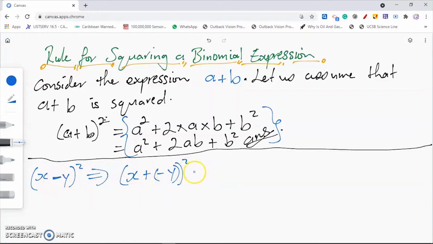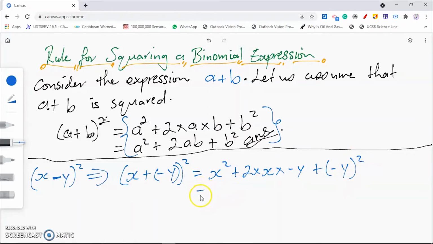Now when you do that, then you would say the first term squared. The first term here is x, so that's x squared, plus 2 times the first term, so 2 times x, times the second term, which is negative y, plus the second term, which is negative y, squared.